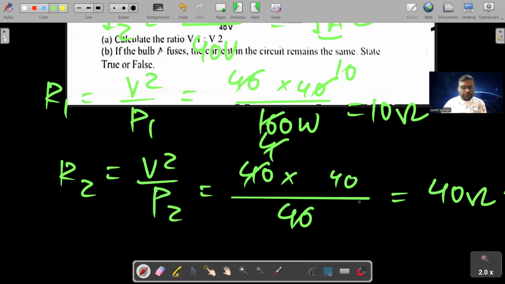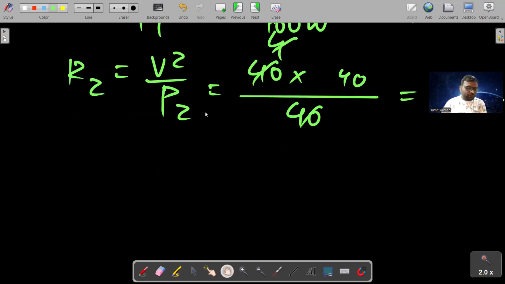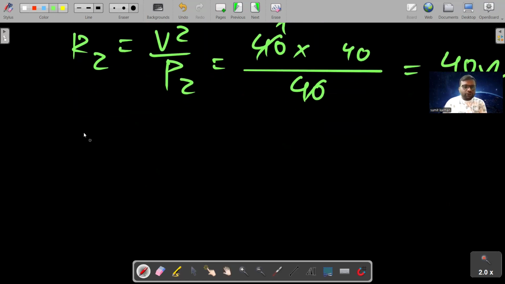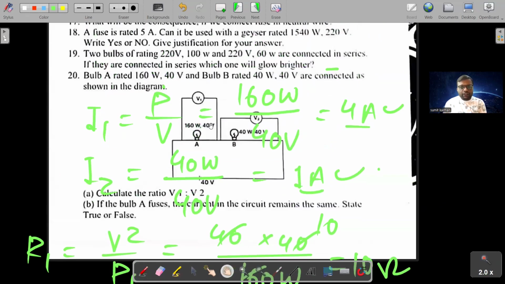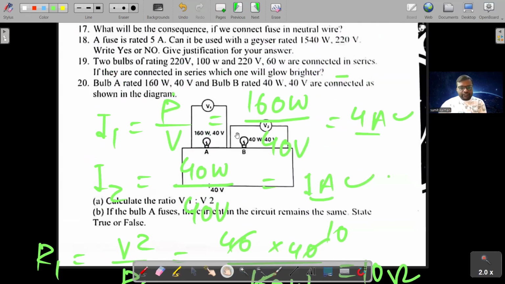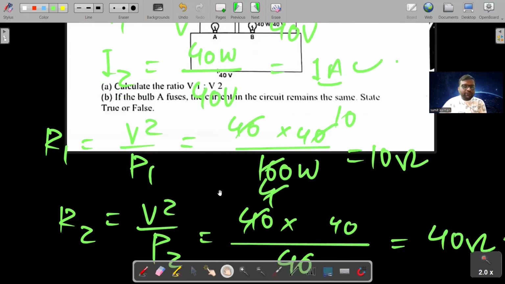Now, friends, we will apply Ohm's law. Voltage is equal to I into R1 for the first bulb, and the voltage for the second bulb is I into R2. Students, why are we taking the same current I? Because these two bulbs are connected in series combination, as you will see in the problem, so the current will be the same.